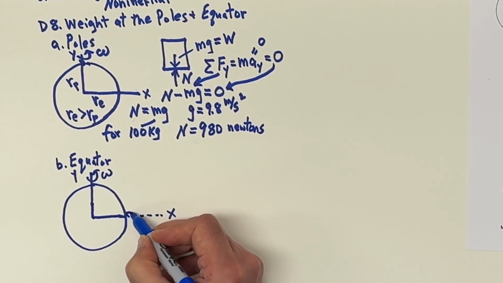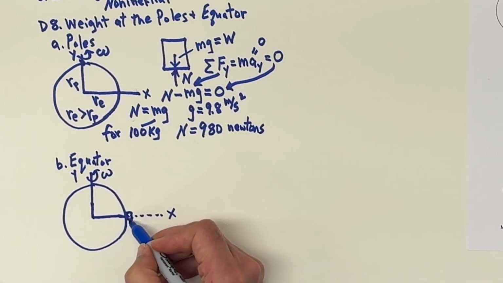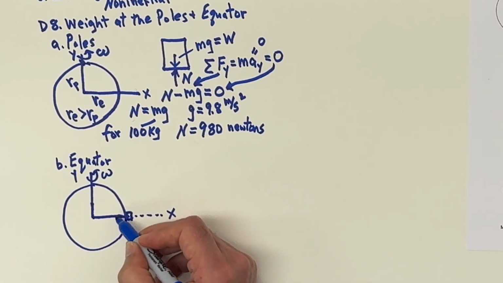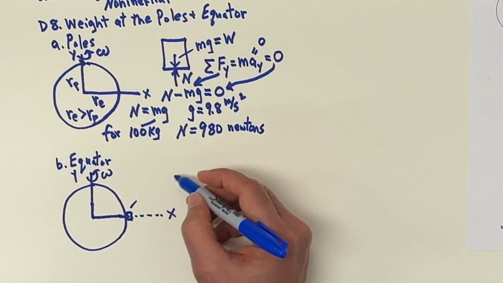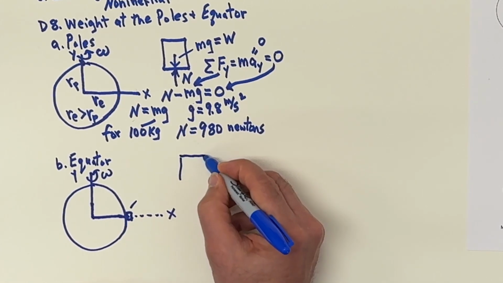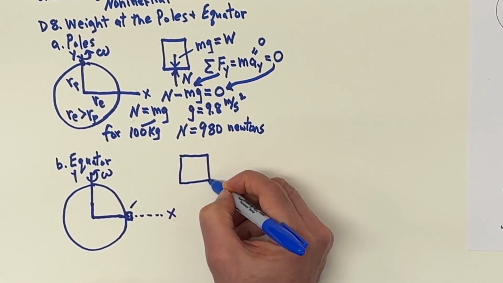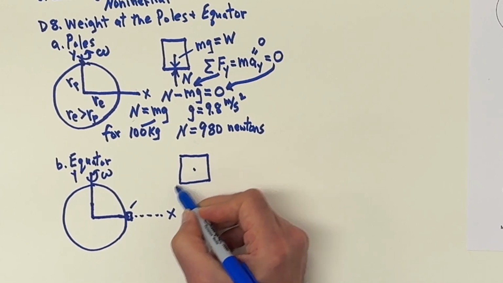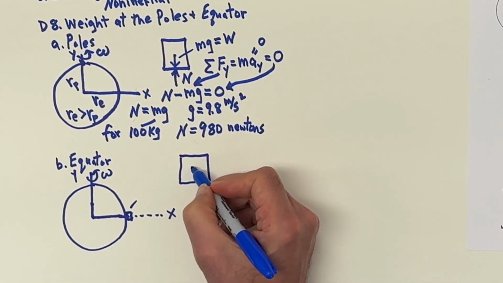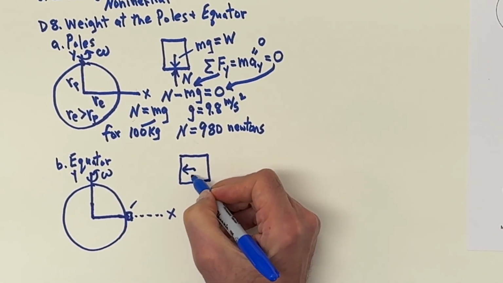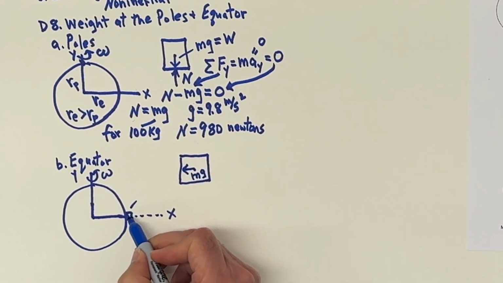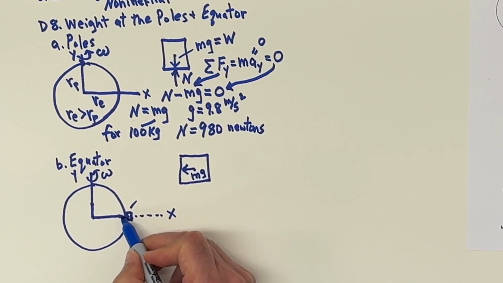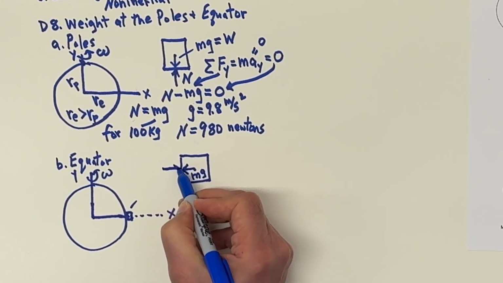But now the little block is sitting on the equator here, and we're going around. So now, if I take this block and do this, the mg is along the negative x-axis. So here is where the mg is, going this way. And then the Earth's surface is holding you in place by pushing the force this way.